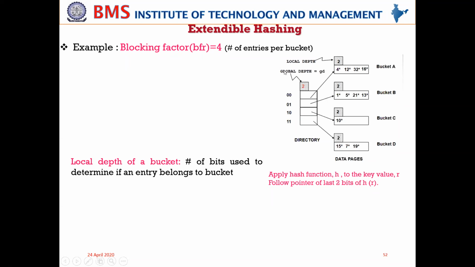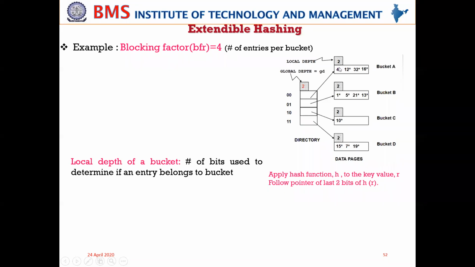Coming to the second one, your global depth. Usually the global depth is associated with the directory. Now what exactly is the global depth? It is the number of bits you are going to use in order to identify which bucket an entry belongs to. You need to identify the bucket address in which your entry belongs.